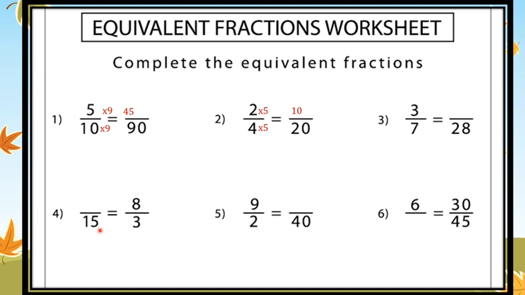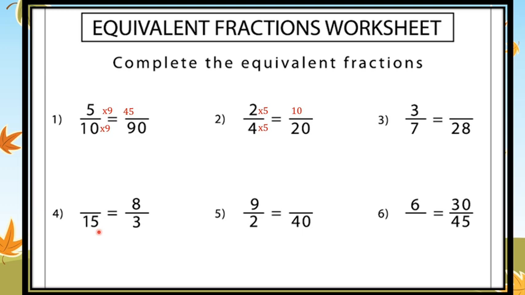Let's always first observe the question, understand, and then solve. First observe the question. Here the numerator of the first fraction is missing. Both are to be written in equivalent form. The first denominator is bigger than the second denominator. So when the first denominator is bigger than the second denominator, in this case we are going to divide.